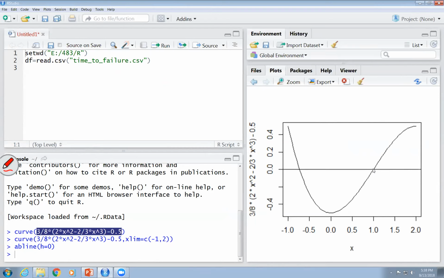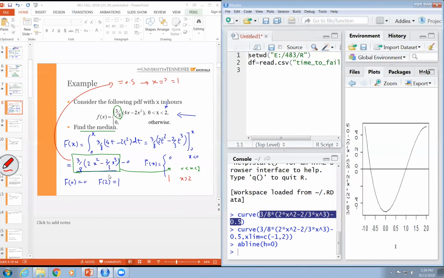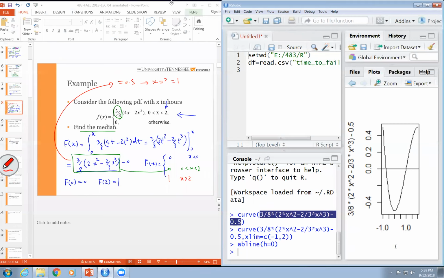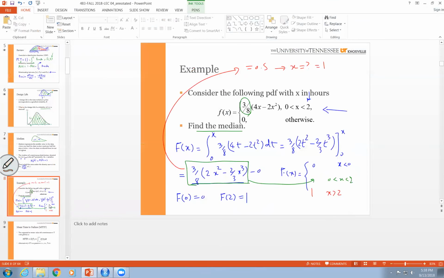If you find this to be easier, this was my way of showing you how you can plot things for the most part. You can use it to quickly visually inspect your function. You can do other things with it. All right. Any questions about median?